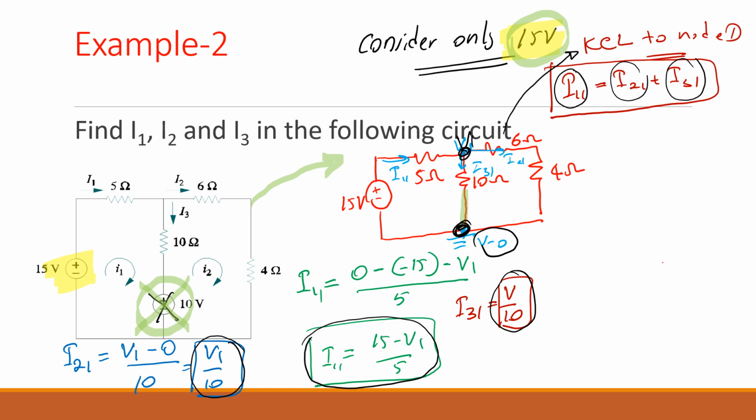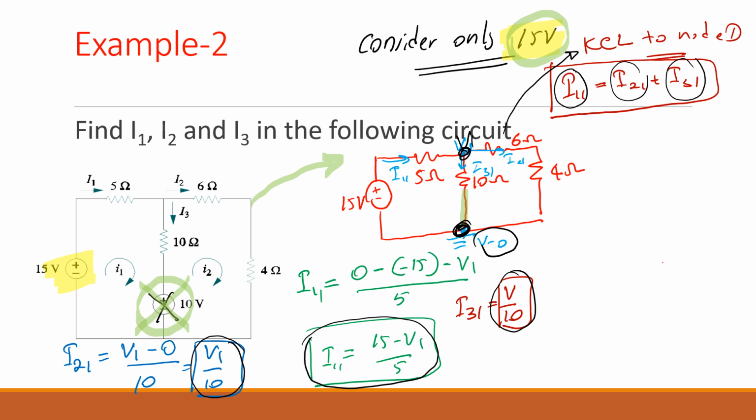I told you guys to find the V1. All good? Can you please find me the V1? 7.5. Who else got 7.5? Two of you. Okay, so anyone else? We can take it as the right answer, I hope.